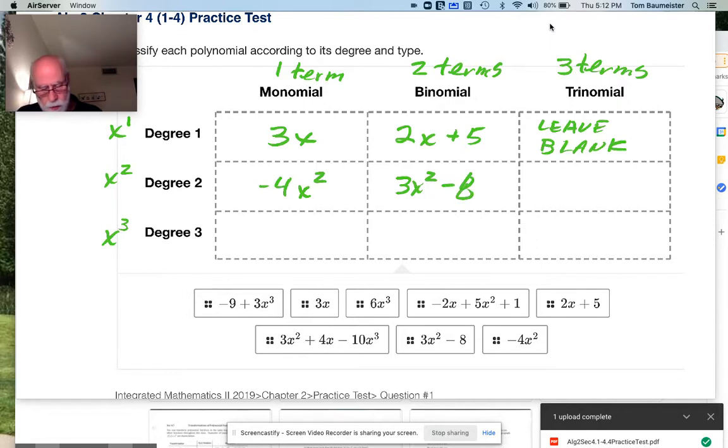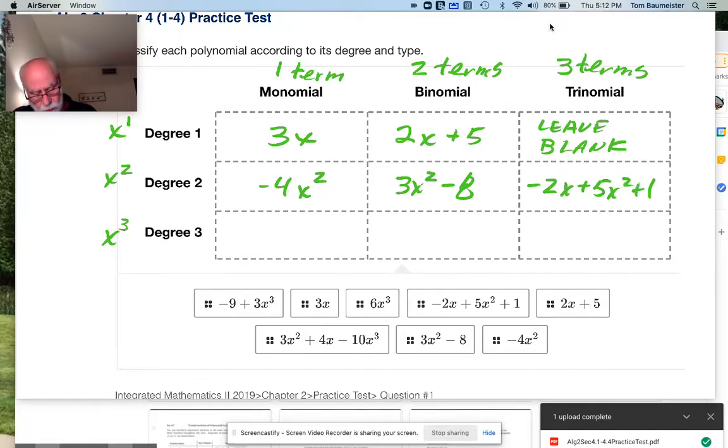And then one that has three terms with a squared. Remember, I told you it doesn't have to be in front, but if you notice that one right there, it has a squared term to it. So our answer would be, because you would drag and drop, negative 2x plus 5x squared plus 1.